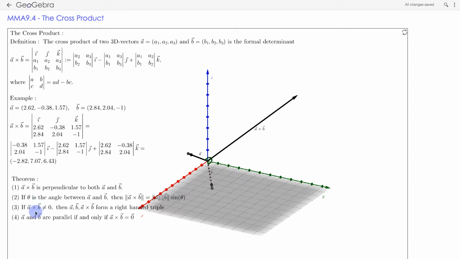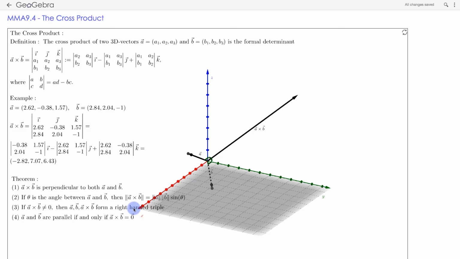But if this cross product is non-zero, then the vectors A, B, and A cross B form what is called a right-handed triple.